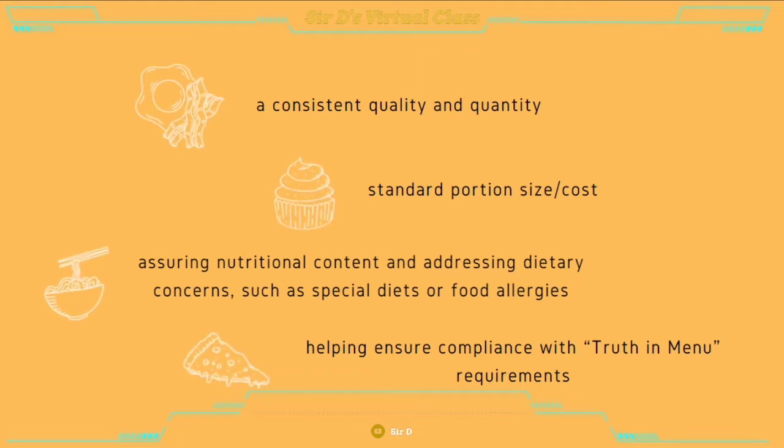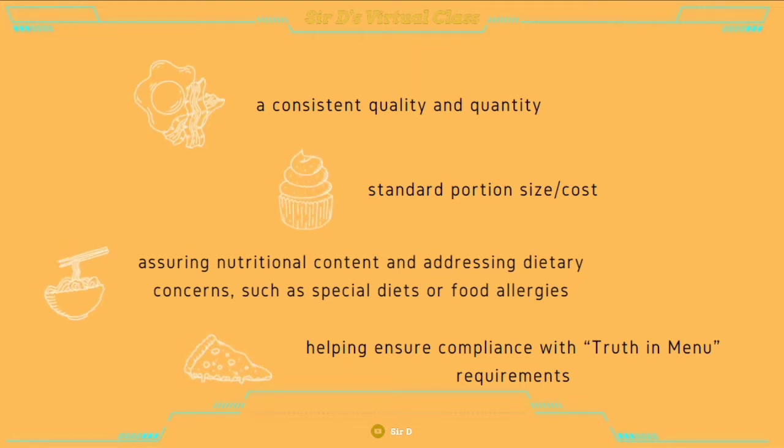Assuring nutritional content and addressing dietary concerns such as special diets or food allergies is considered in our standardized recipes. We don't want to harm our loved ones or our customers in the process of providing them with delicious, mouth-watering, and savory foods. Helping ensure compliance with truth in menu requirements.